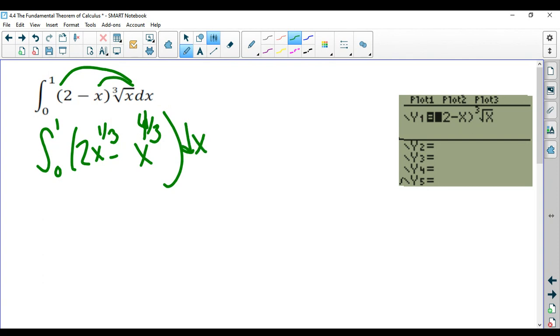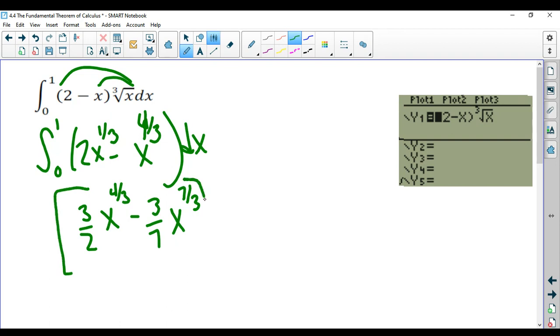Then you integrate. So add 1 to the exponent, 4/3. Multiply by 3/4. That will be 6/4, or just 3/2. Minus. Add 1 to the exponent, 7/3, times 3/7. And then we're going to evaluate that from 0 to 1.